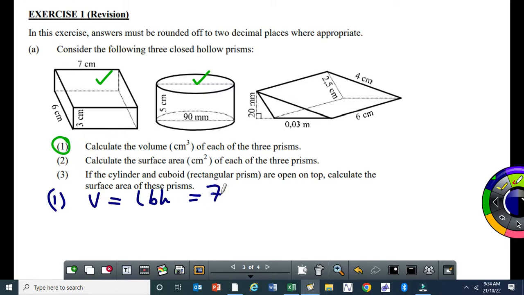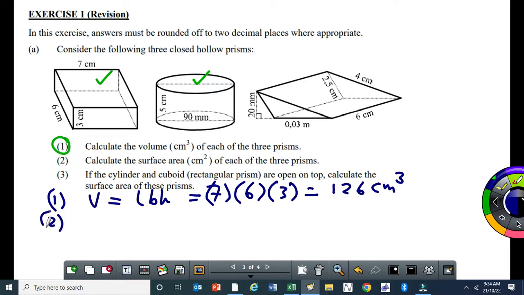So this will be 7 times the breadth, which is 6. Then the height will be 3. So that's 42 times 3, you get 126. The units there are centimeters, so that is cubic centimeters. Are you following?